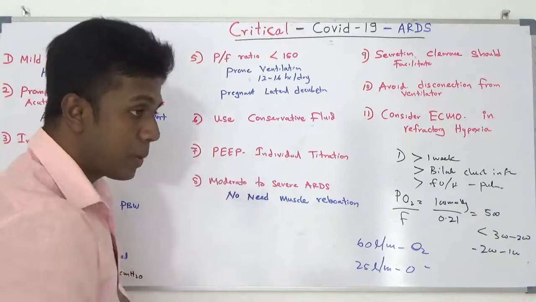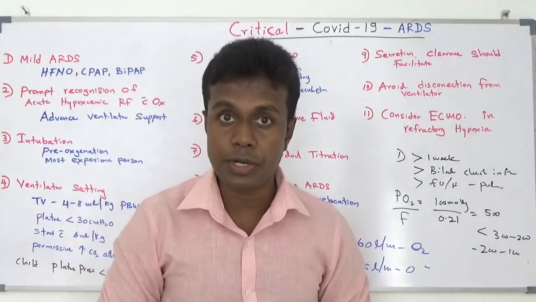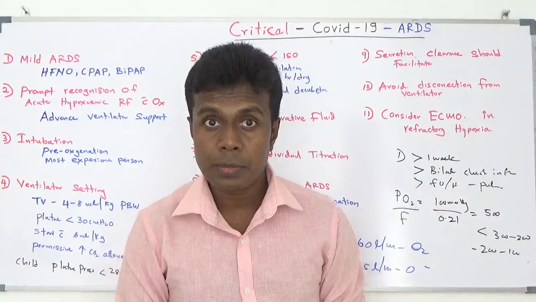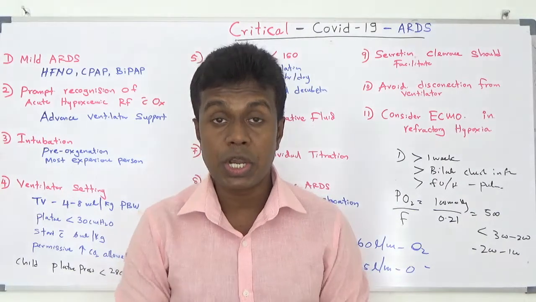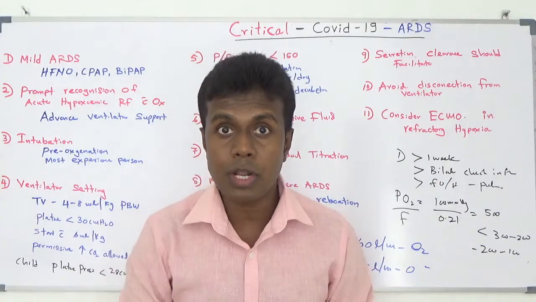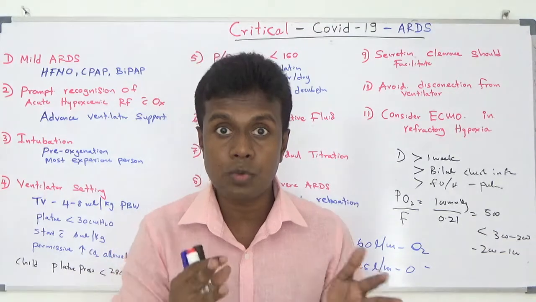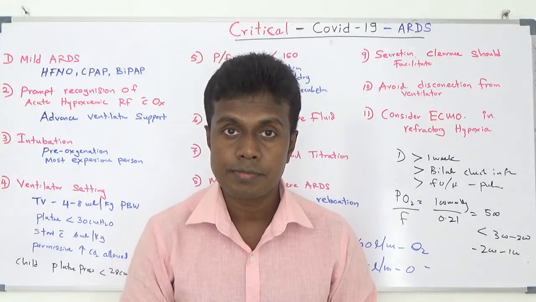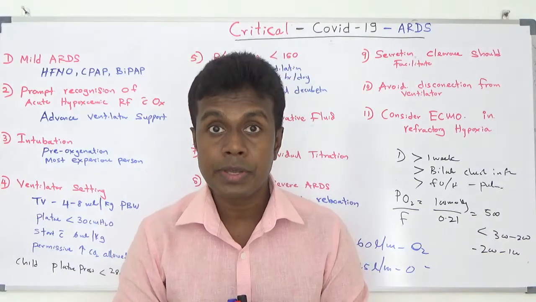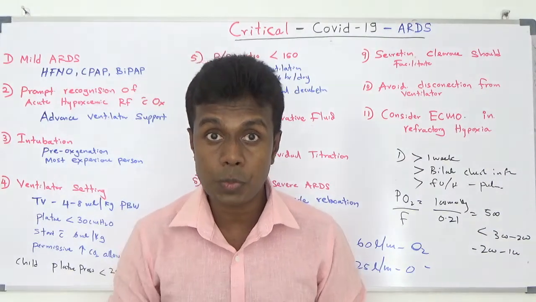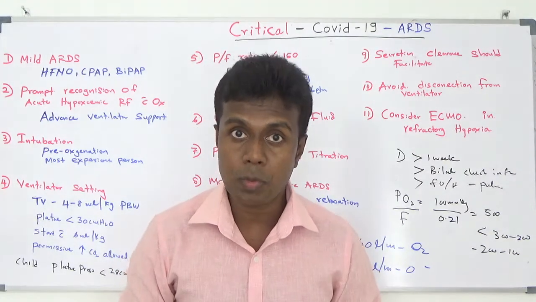Then PEEP, positive end expiratory pressure, when you are ventilating. You have to add PEEP in order to keep your alveoli open. It reduces the work and improves the compliance. But sometimes it can crash your hemodynamic profile. Your patient can become hypotensive with a high amount of PEEP.